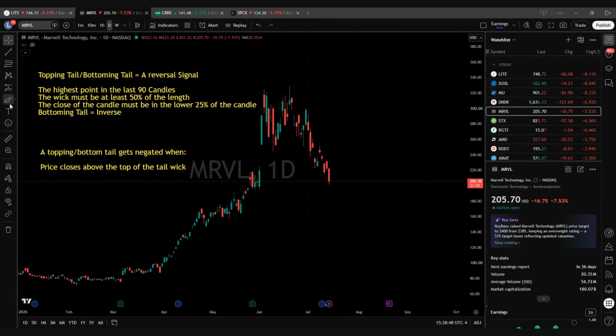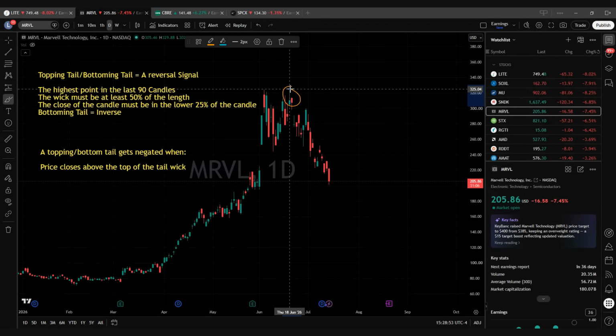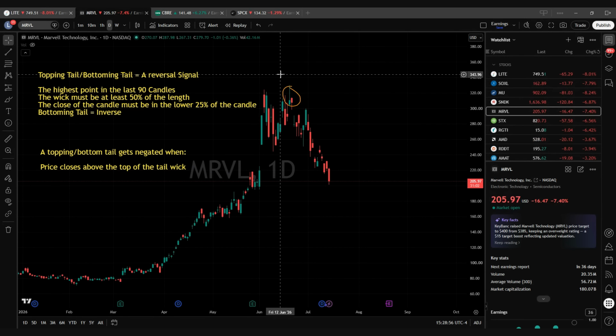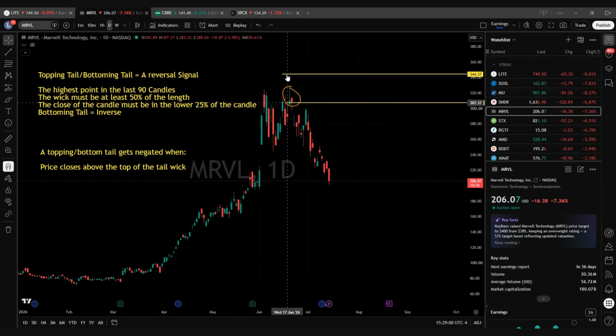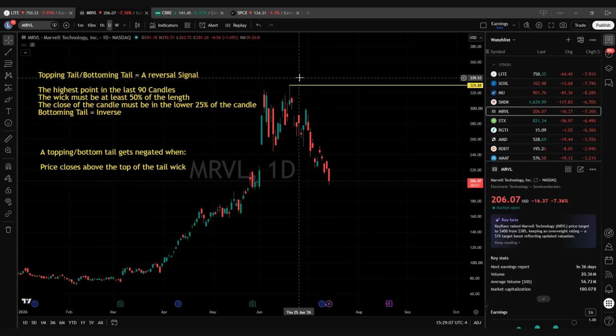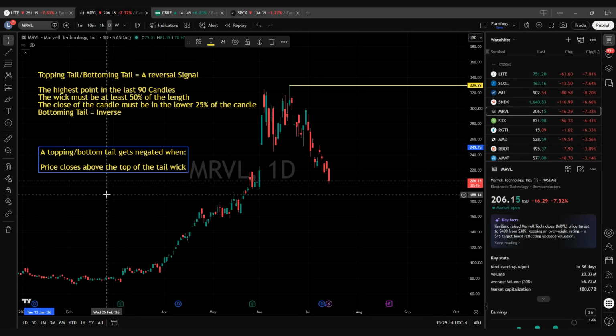So what does that mean? That means that this topping tail would be negated if you had price ever close above this 330 region. Basically, if price ever closed above this topping tail, it would be negated.